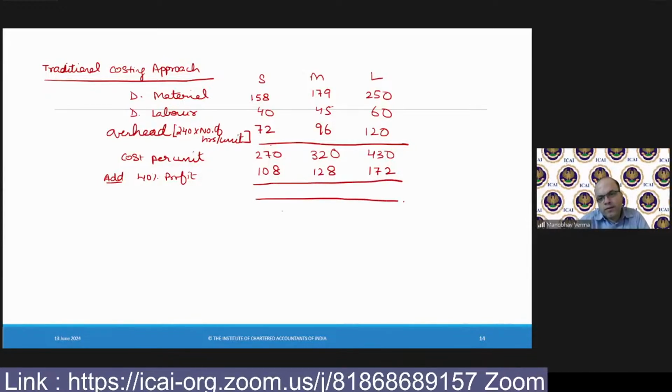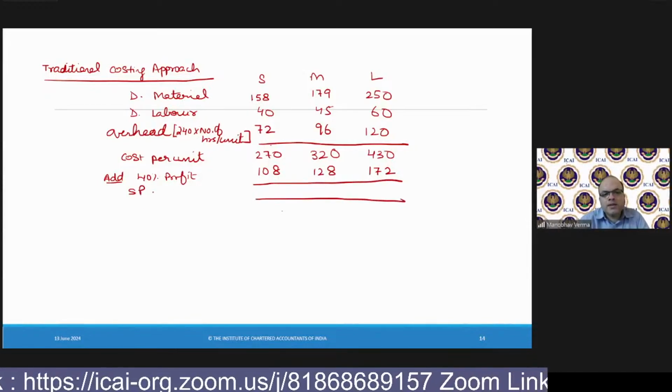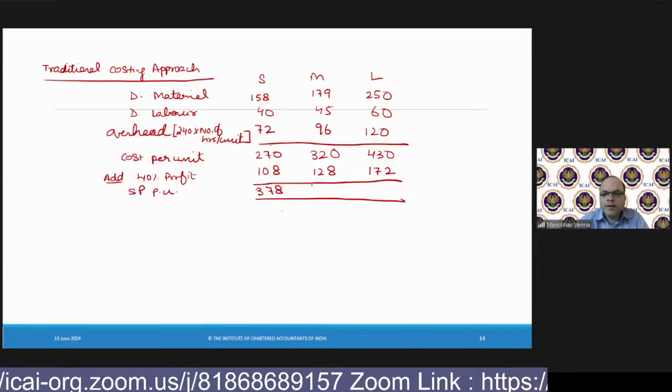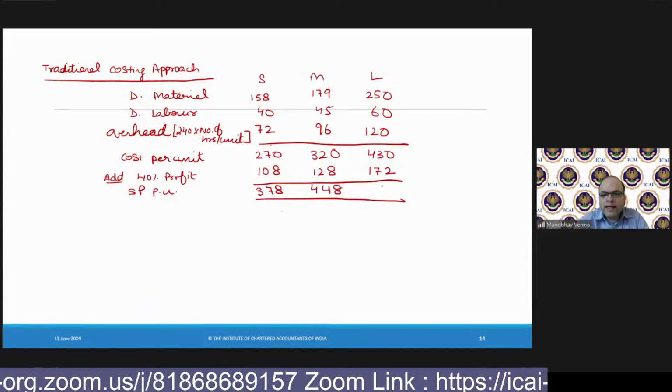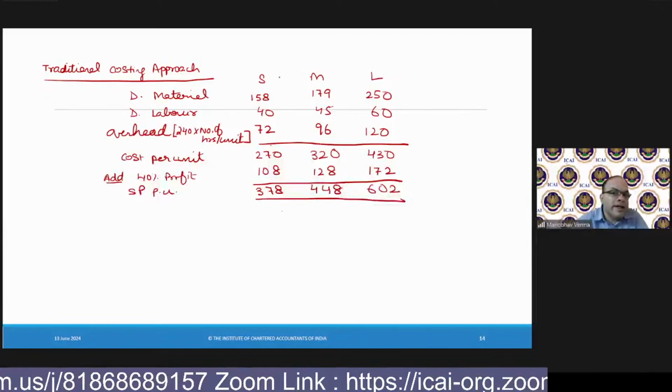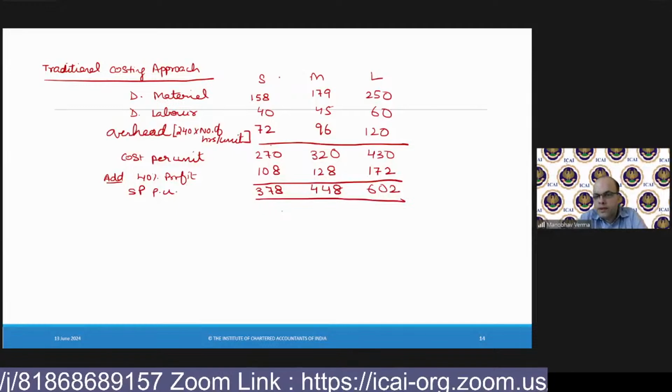Hence, we arrive at a selling price per unit of 378, 448, and 602 under the traditional costing approach.